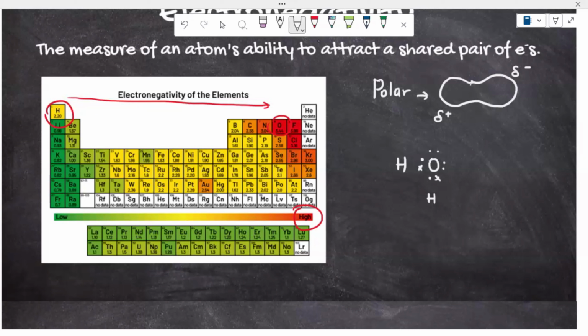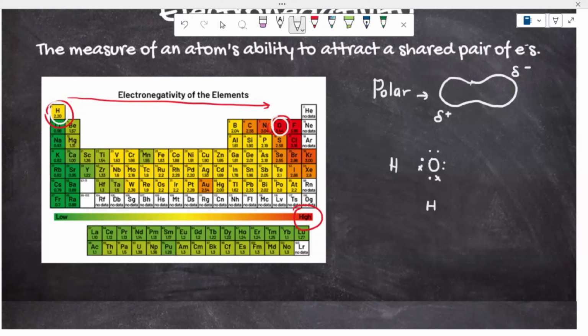It will stick closer to our oxygen compared to our hydrogens, right? So I did leave a bit of a gap there just to emphasize it. But I'm just showing you that because oxygen has a greater electronegativity compared to our hydrogen, the shared pair of electrons will have a tendency to stay attracted to our oxygen compared to our hydrogen, right?